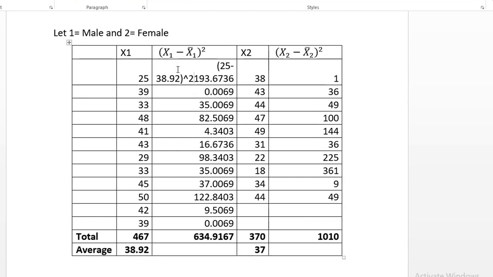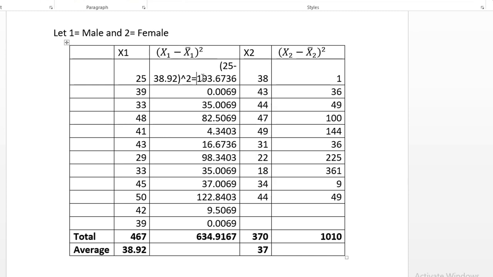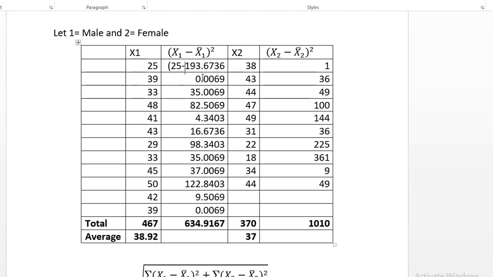It means take the square of this term. Then you will get 193.6736 and so on. It means you have to subtract the mean x̄1, which here is 38.92, from each value of x1. So you will get all these values.